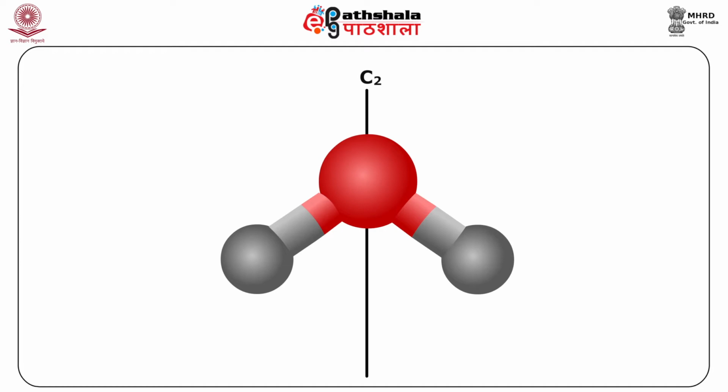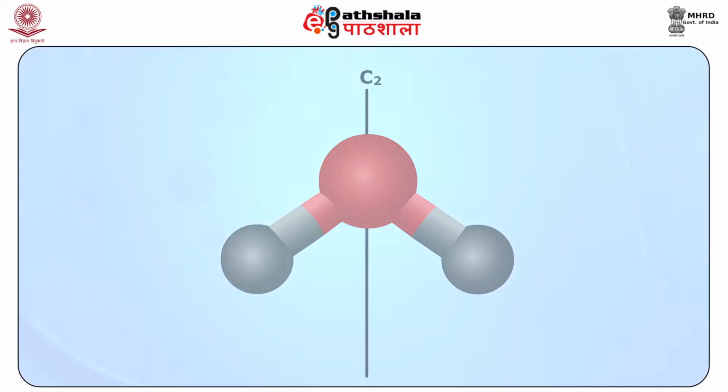Thus, the value of n for the water molecule will be 360 degrees divided by 180 degrees, because after every 180 degree rotation you get a similar molecule. So n here would be 2. Thus, Cn in case of the water molecule becomes C2.